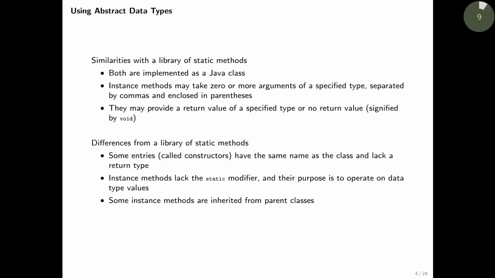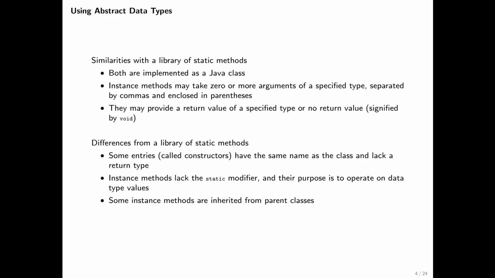What are the differences then? So how is an ADT different from a library of static methods? Well, some entries in the API called constructors are special, and they have the same name as the class and they lack a return type. So that's how you tell a constructor apart.